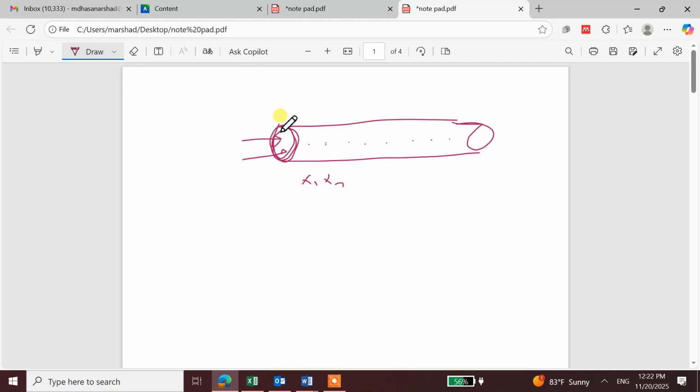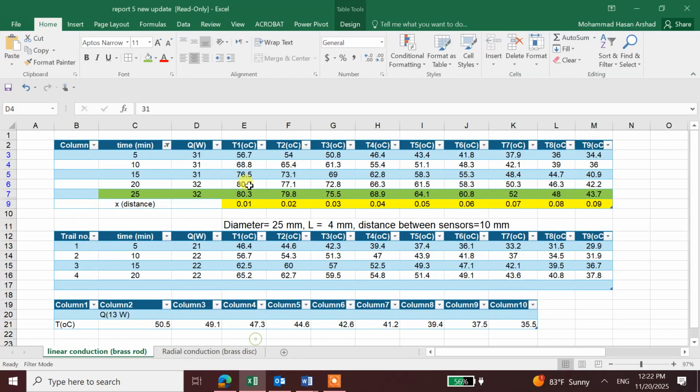So when we switch on the heater, we take the temperature from T1 to T9 at 5 minutes, 10 minutes, 15 minutes, 20 minutes. This is just to see how the steady state will be reached.